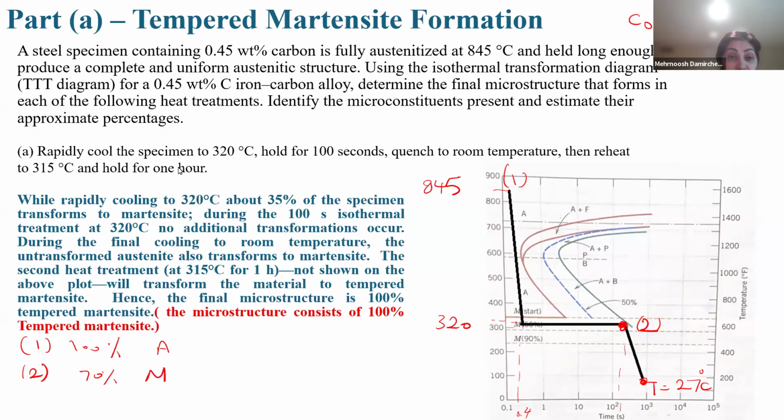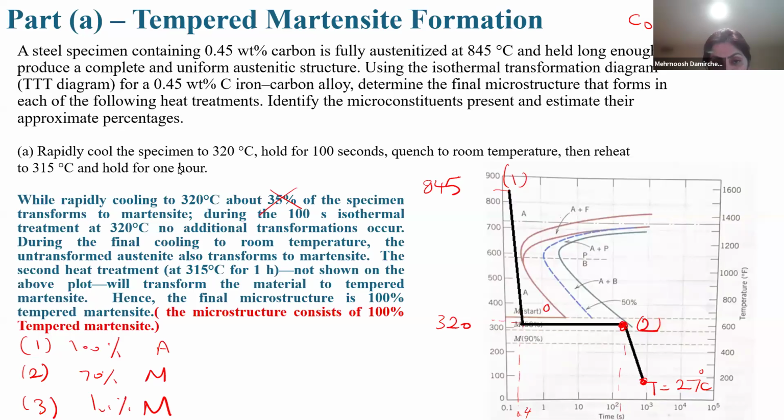Then by cooling again to room temperature, we reach 100% martensite. So here I should change that, not 35%.